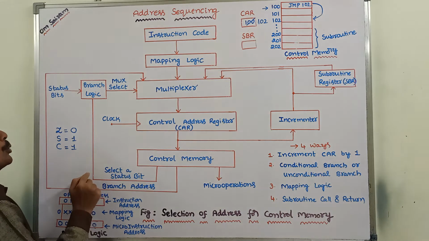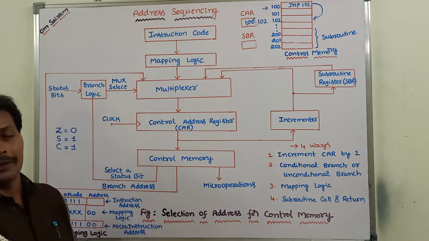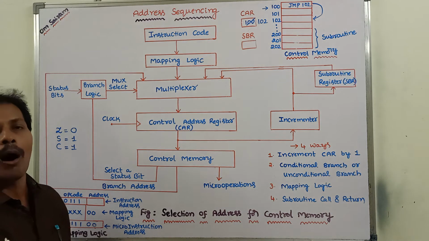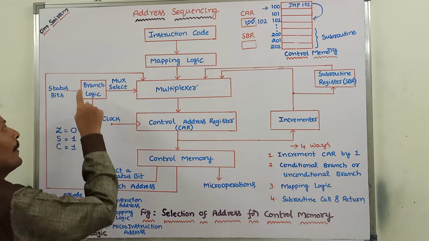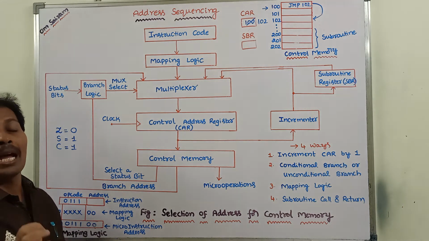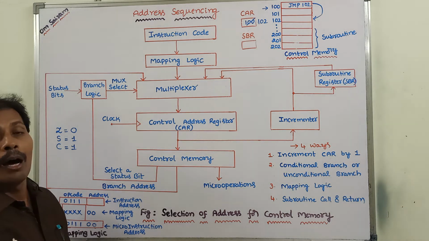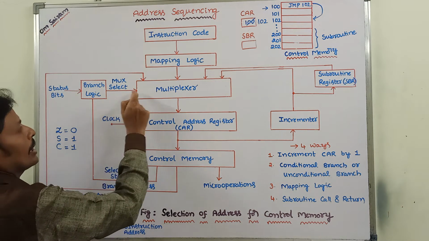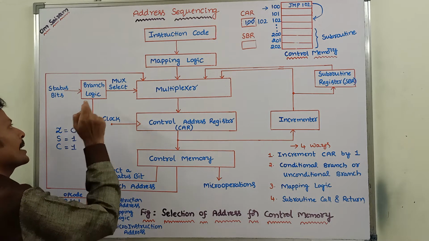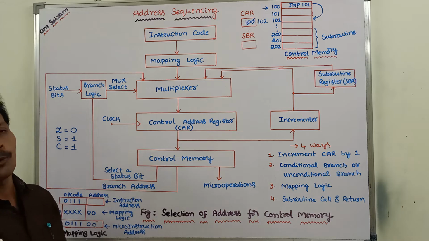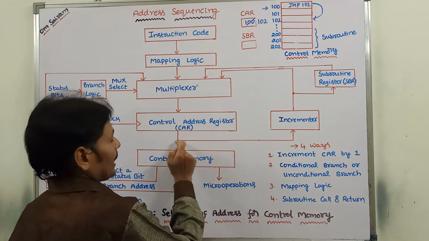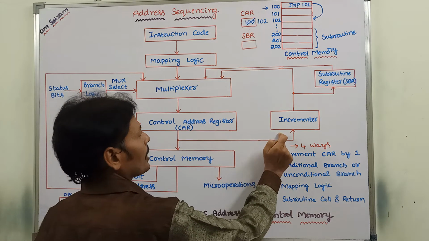We have to check the status of that status bit, whether it contains a 0 value or 1 value. If its value is 1, then its associated branch address specified within the micro instruction is loaded into the control address register. If its value is 0, simply we have to increment the content of the control address register by 1.